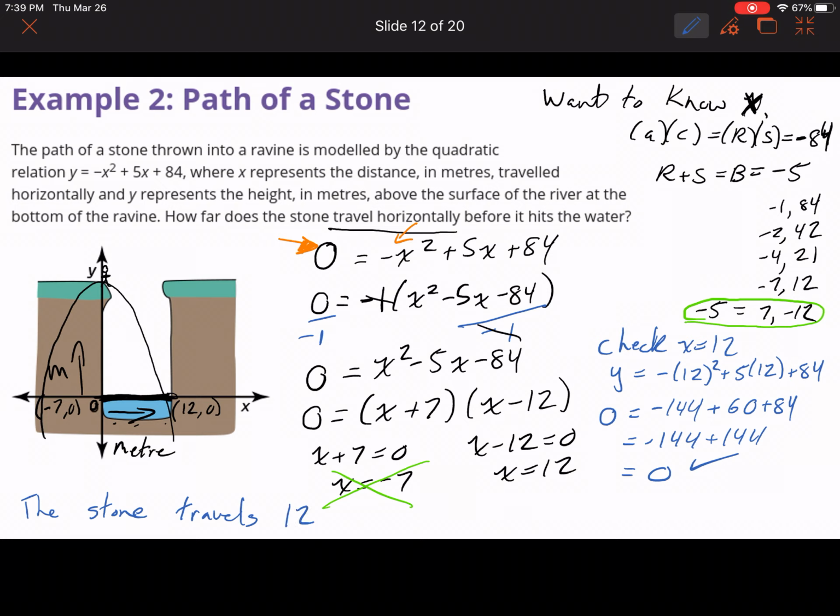What unit are we using? We're using meters. 12 meters horizontally before it hits the water. Make sure that you have a sentence showing that you understand what 12 means.